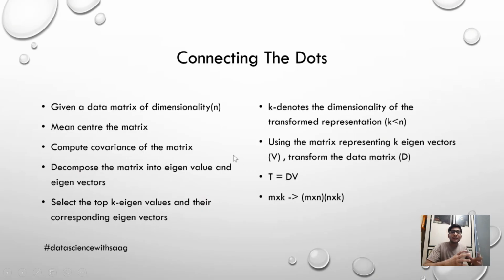So now let's connect back the dots. We understood what eigenvalues and eigenvectors are. We understood eigenvalue decomposition and the covariance matrix. Now the objective of the covariance matrix is to represent the variance and the covariances of the data points.